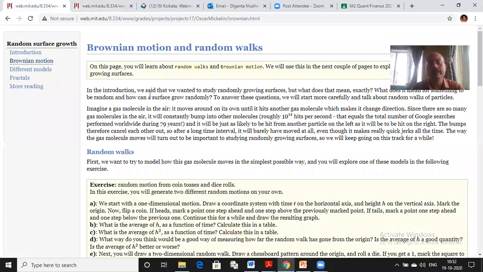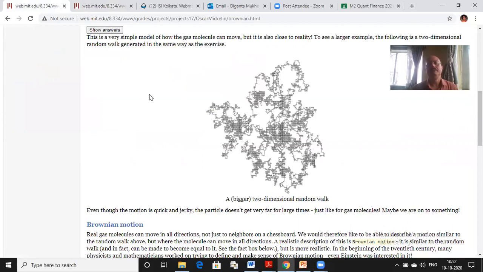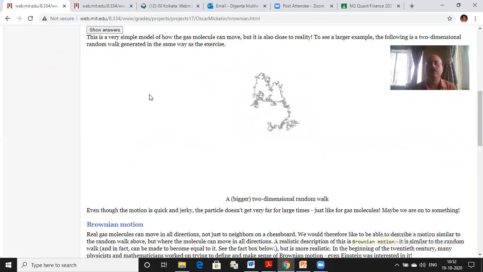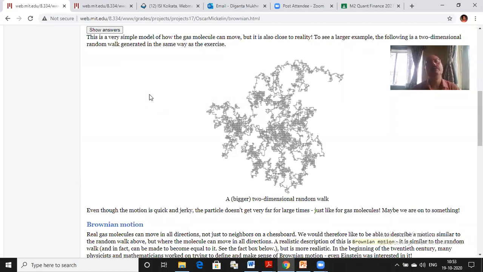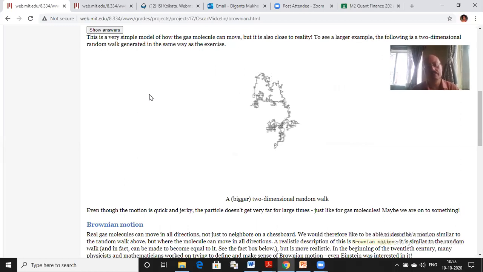If I want to look at it in a two-dimensional space, then this is what you will get to see. Now on your screen, here is a two-dimensional Brownian motion, a two-dimensional random walk being generated. And Brownian motion can be actually defined in terms of a limiting version of the random walk.